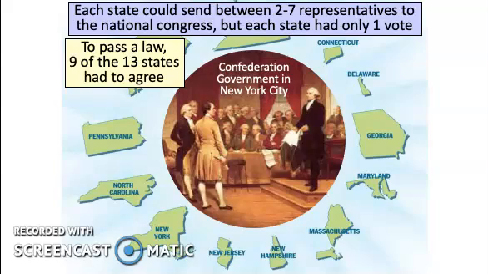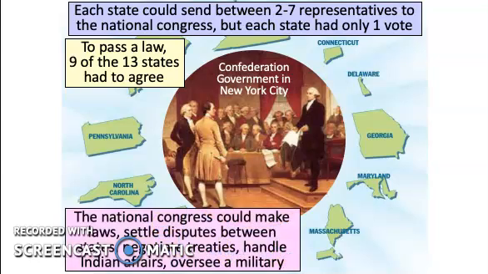But even when they do come to an agreement, most laws that are passed by our national government, even to this day, are usually only passed with small majorities, maybe 52, 55% of delegates agreeing to a particular law, and many people disagree. 9 out of 13, a supermajority, nearly 70% of people having to agree, made it very difficult for them to pass any laws.